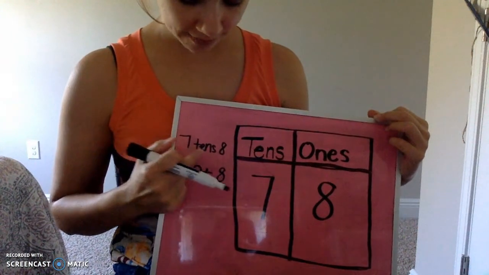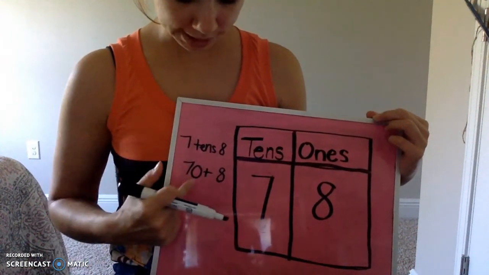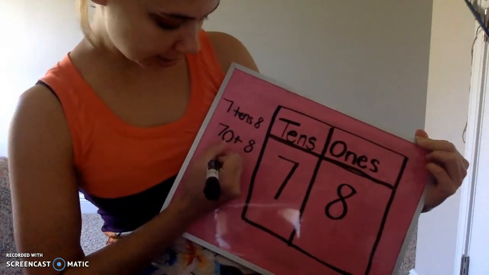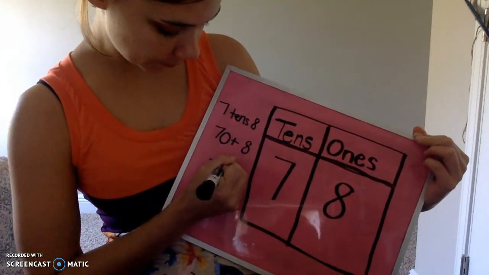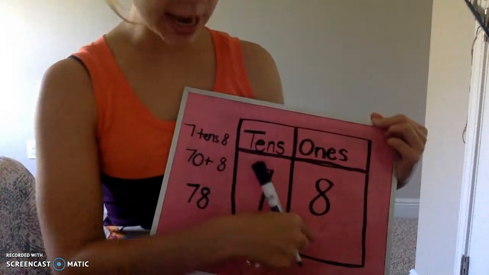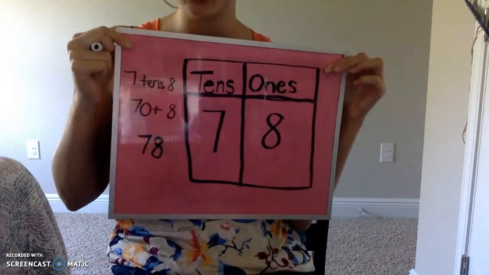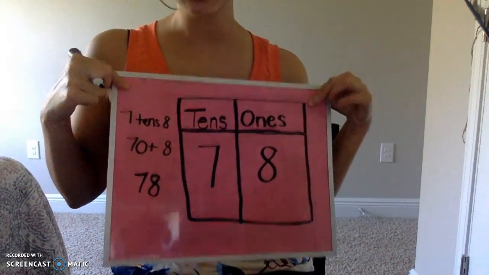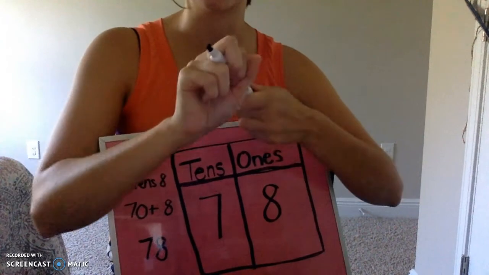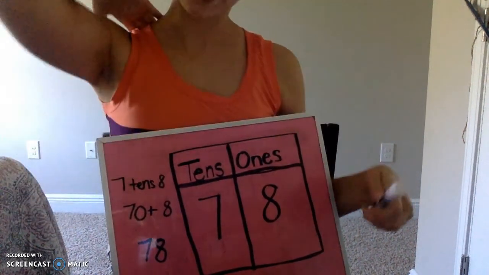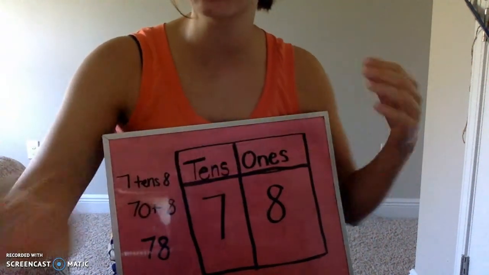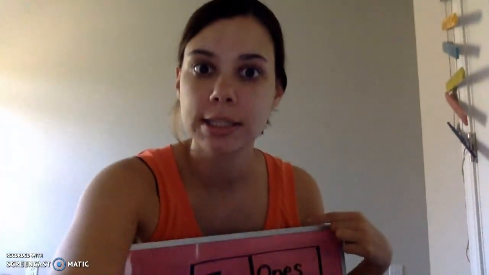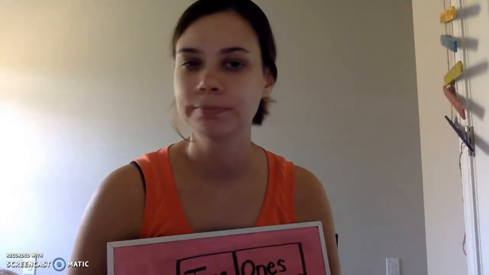Yes, 7 tens 8, or 70 plus 8 gives us the number 78. Is that the number you built? If it is, great job. Give yourself a high five or a pat on the back. Say, great job, friend. You did awesome.